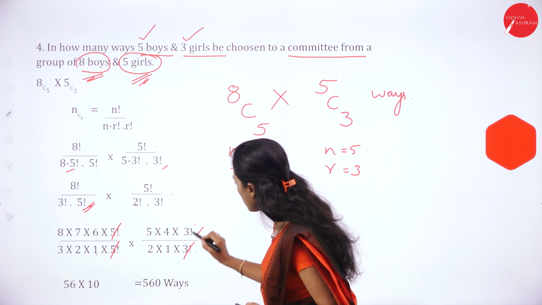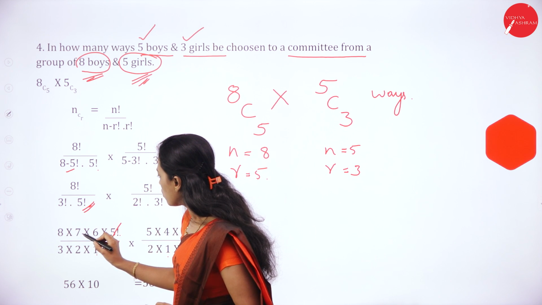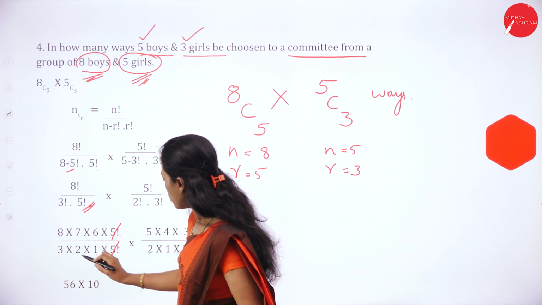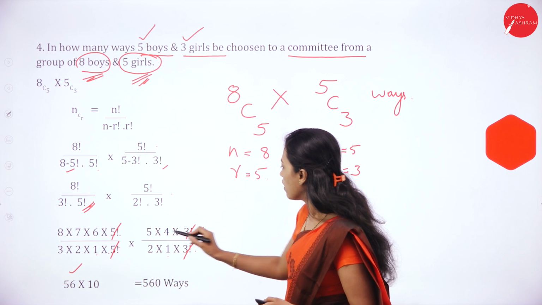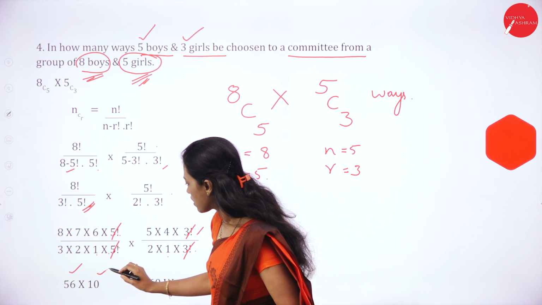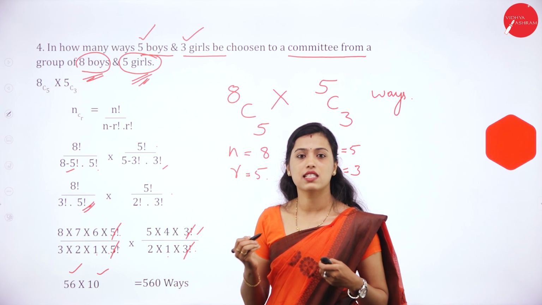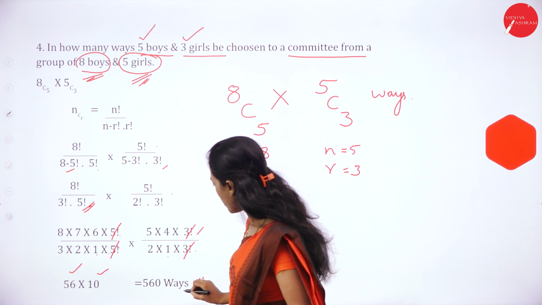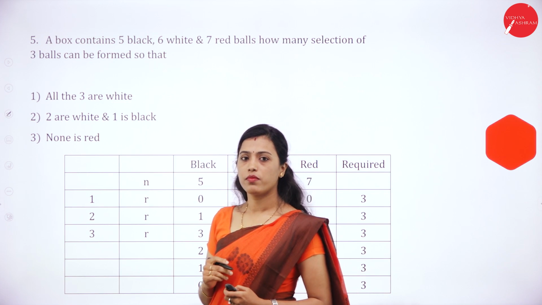Here 3 factorial will get cancelled. So the remaining will be 8 into 7 into 6 divided by 3 into 2 into 1, that is 56. Then 5 into 4 divided by 2 into 1 is 10. So 56 into 10 is equal to 560 ways. So we can arrange in 560 ways.